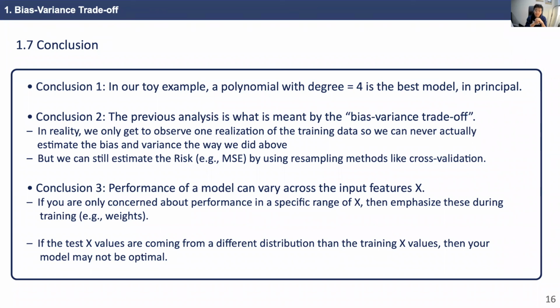In reality, we only get to observe one realization of the training data. So we can never actually estimate the bias and variance the way we did here. But we can still estimate the risk, the MSE, by using resampling methods like cross-validation.